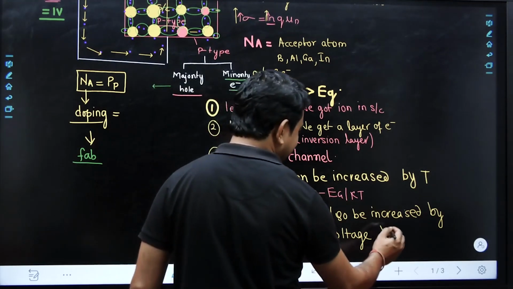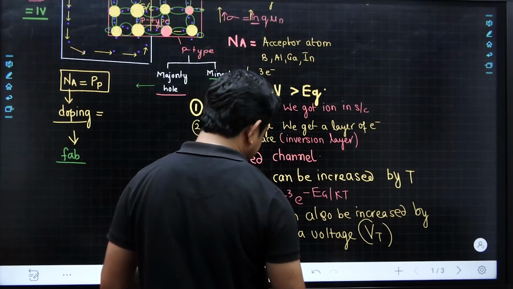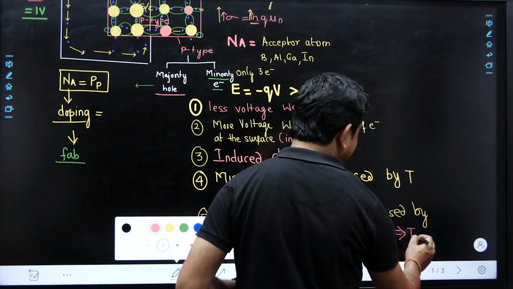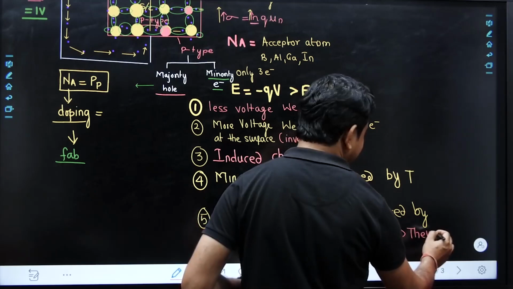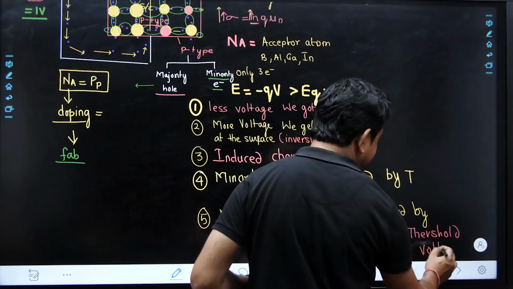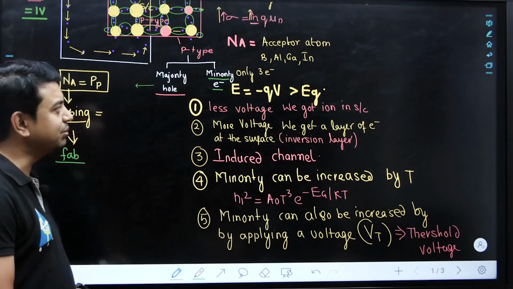In this particular technological term, it is called Vt, and Vt is nothing but the threshold voltage. So you just take care of this terminology. This is actually threshold voltage. So by applying this threshold voltage, we can increase the concentration within this semiconductor itself.